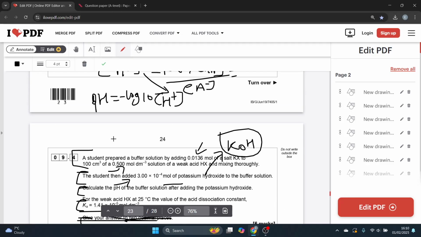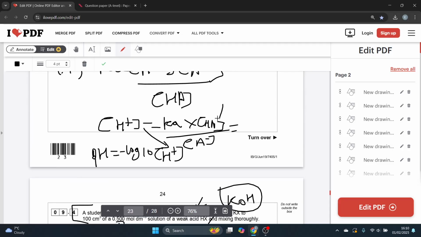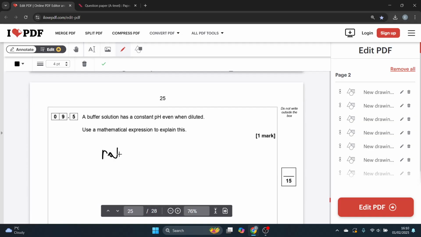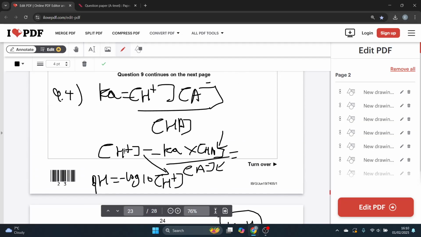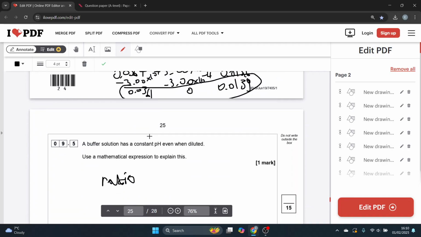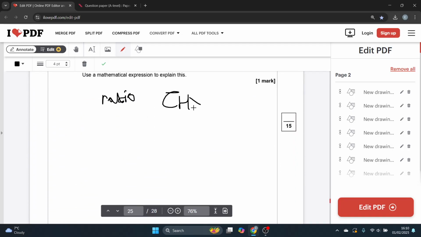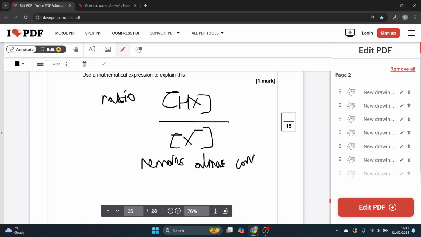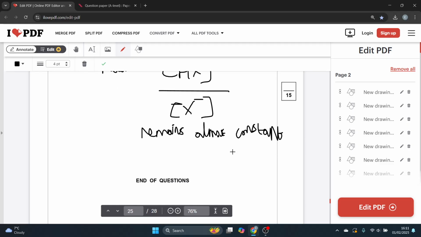Because the concentration of this and this are very, very similar, so in this case the ratio of HX concentration over concentration of X minus remains almost constant. And that is the end of this paper.